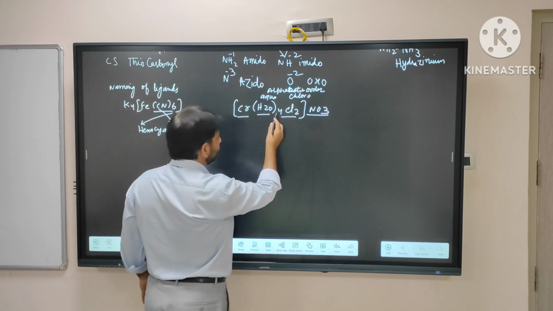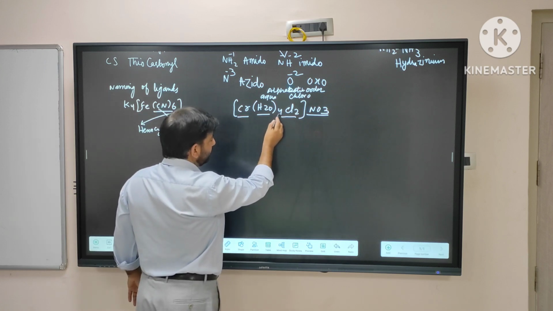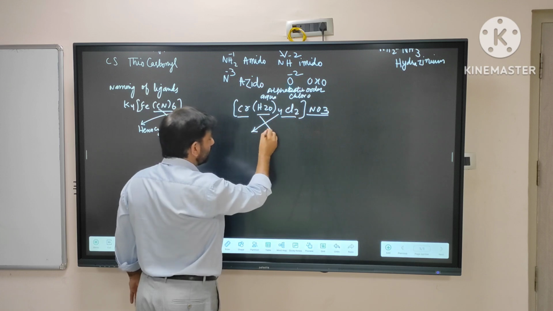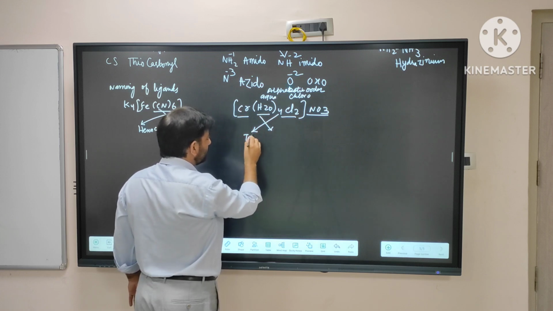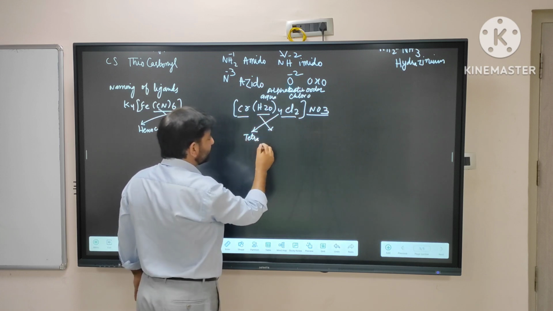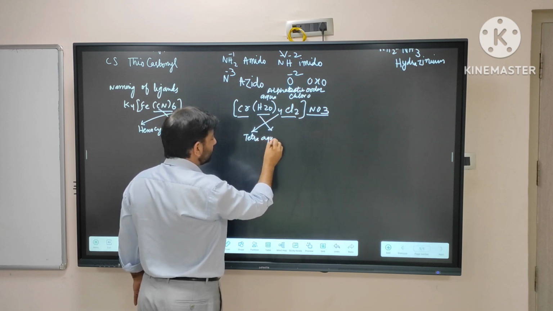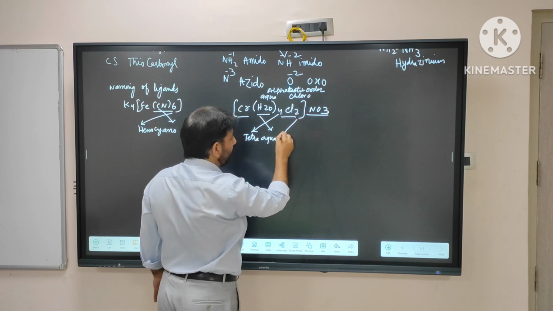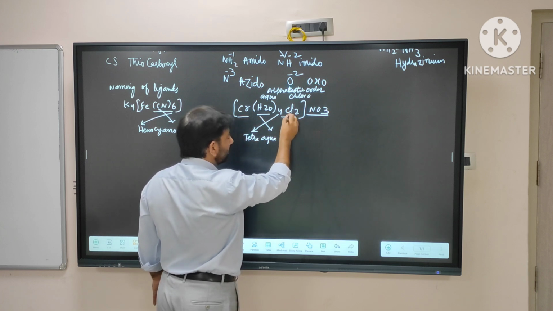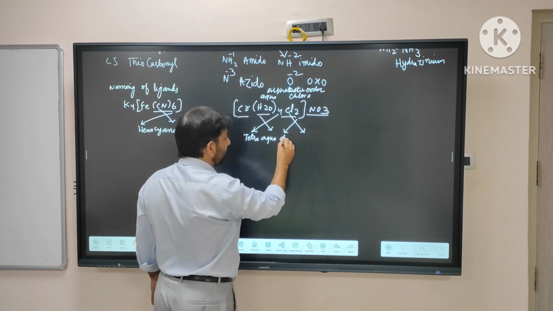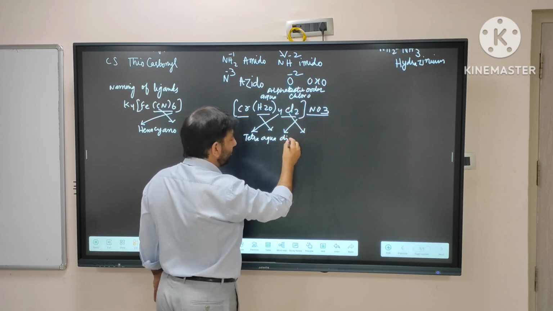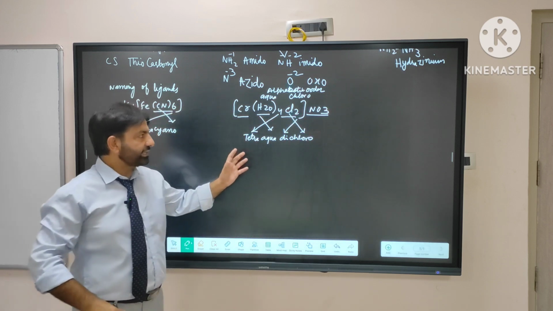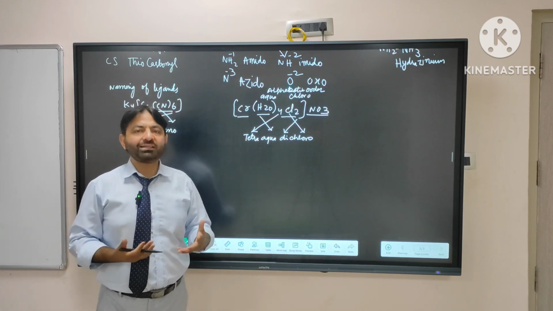First I have to name this part, which is 4 times. So I will write tetra, then this aqua ligand. So this is done. Now let's move to this. It has 2 chlorines. So 2 means di, and chlorine means chloro. So this is the case when we have more than one ligand.